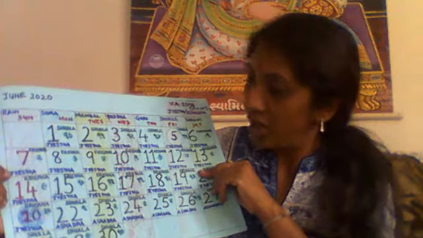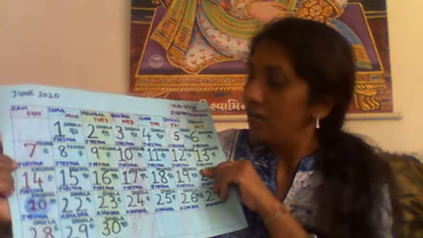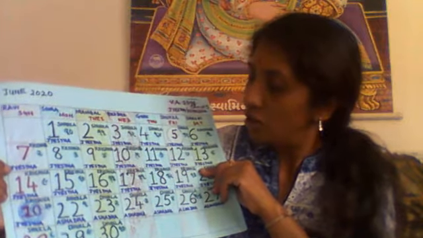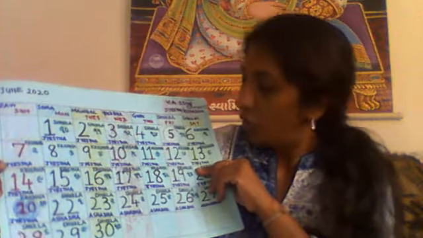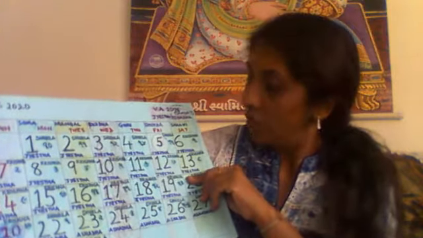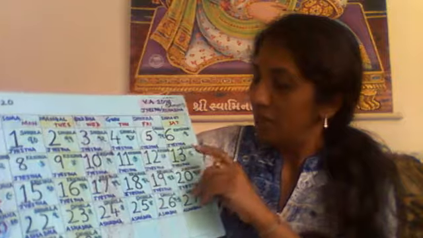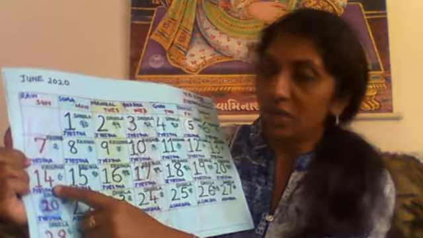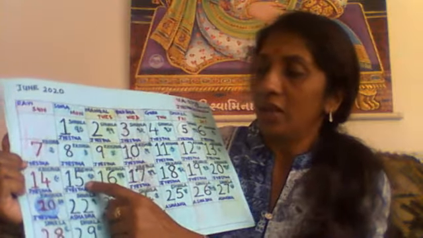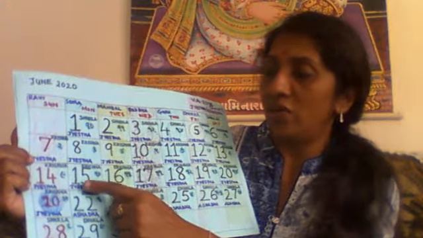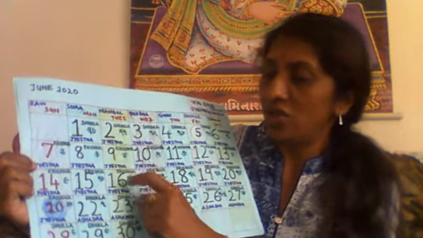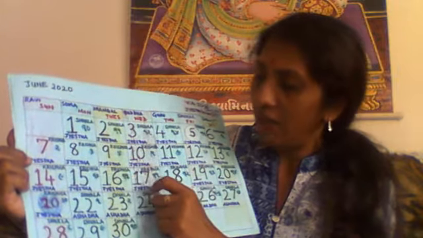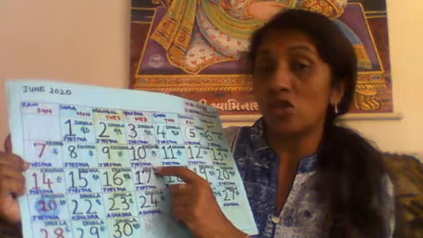The 10th, Panchami. The 11th, Shashti. The 12th, Saptami. The 13th, Ashtami. The 14th, Navami. Then the 15th will read Jyesht, Krishna, Dashmi. Then Jyesht, Krishna, Ekadashi.